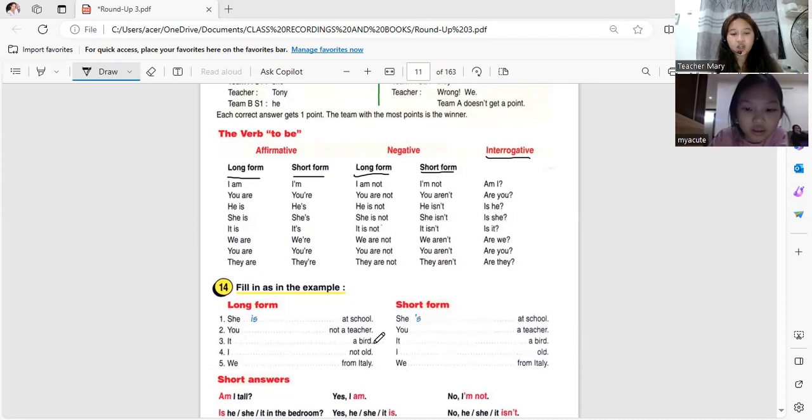For the next one, it's a bird. Yes, it's a bird. And next one, I'm old. For the last one, we're from Italy. Okay, very good.